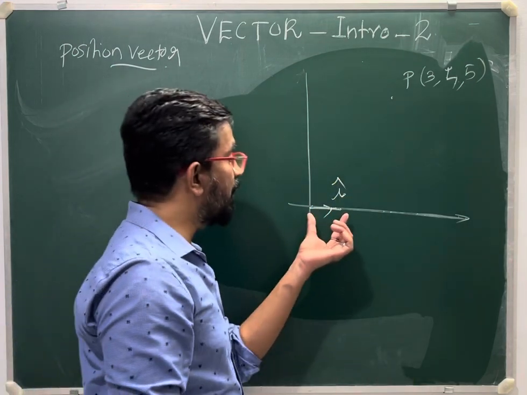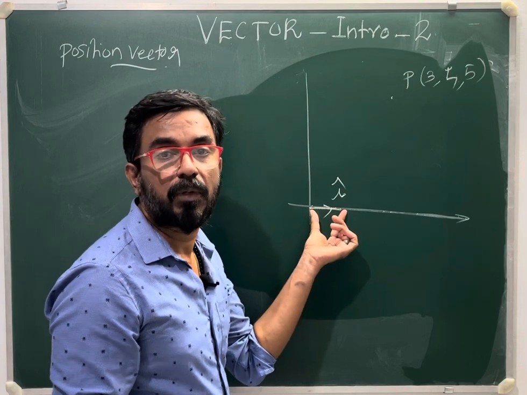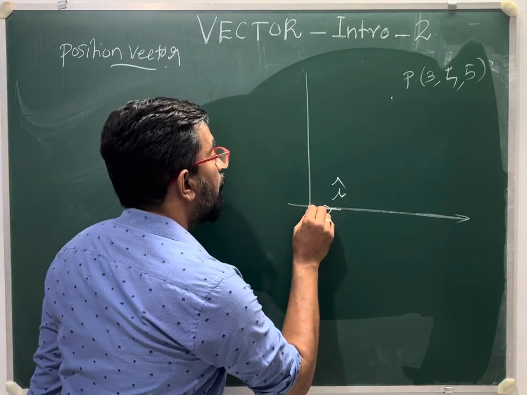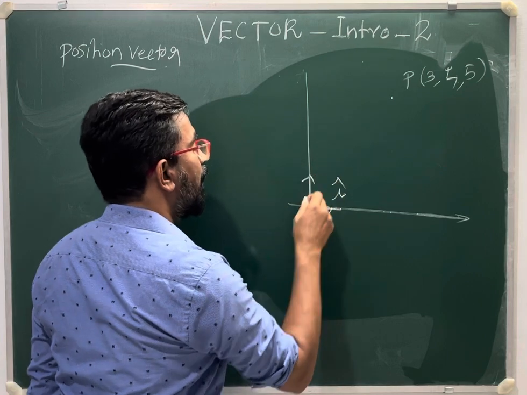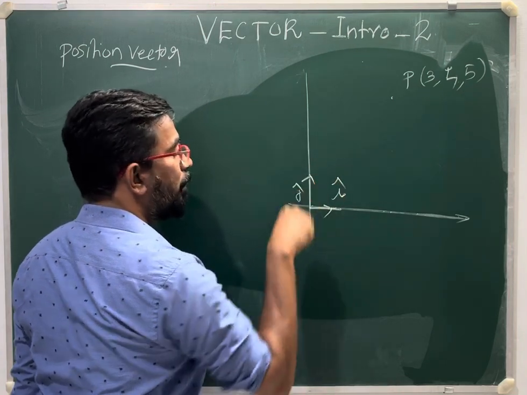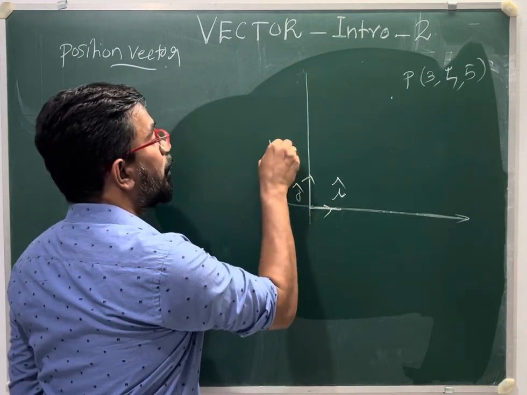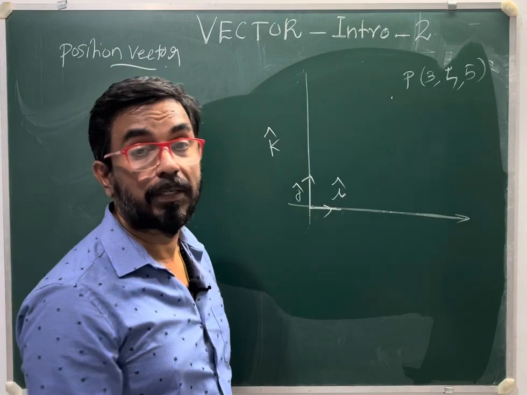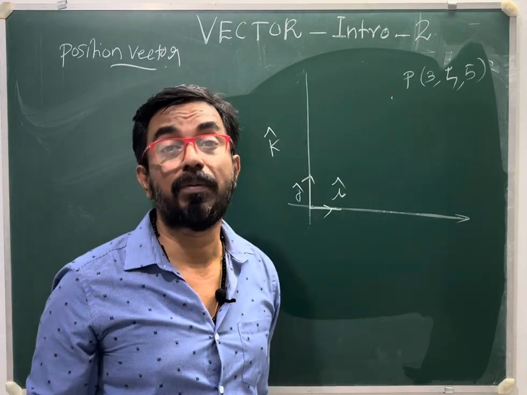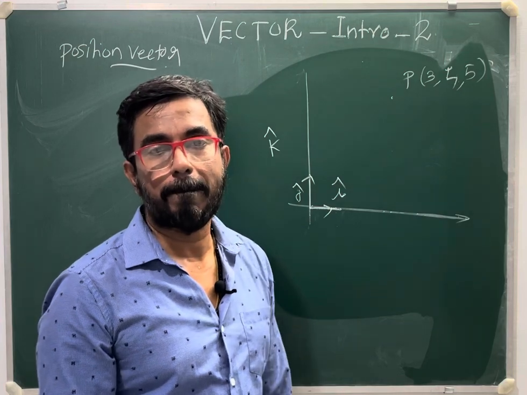So i cap is a unit length vector along the x-axis. In a similar fashion, they took a unit length vector along the y-axis, that is j cap, and along the z-axis they put k cap. That is also a unit vector. So i, j, k are unit vectors along the x, y, z axes respectively.